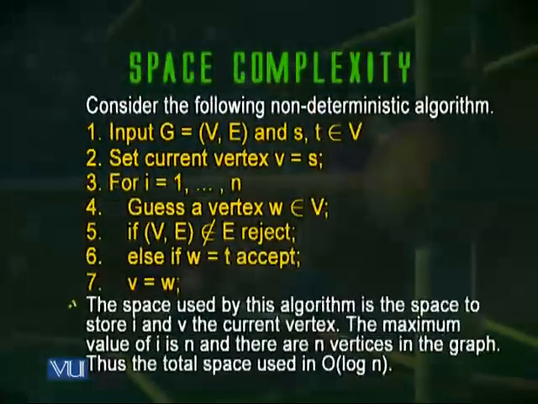So how much space would this algorithm take? Well, let's look at this algorithm again and see. This algorithm has a loop that's running from 1 to n, which is just a counter. And the other thing is it has to only remember the current vertex V. The maximum value of the counter is n, and also there are n vertices in the graph. Thus the total space used by this algorithm is order log n.